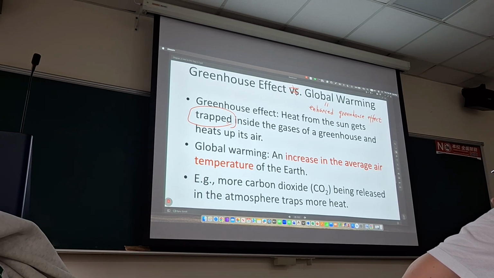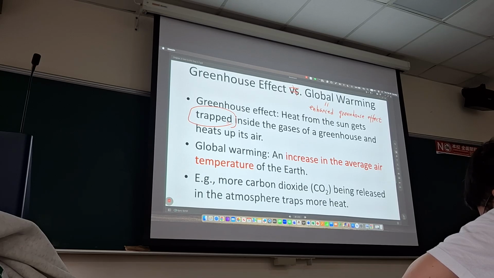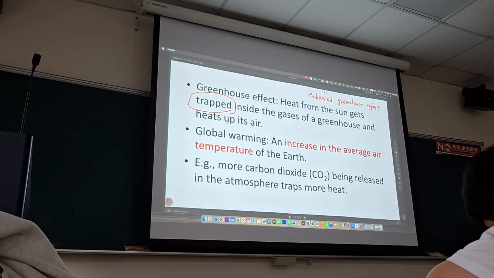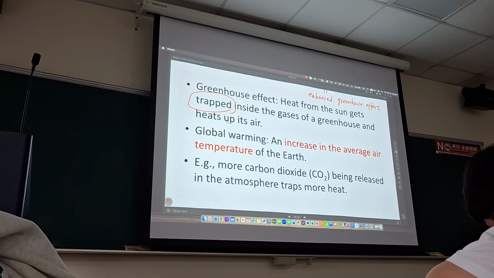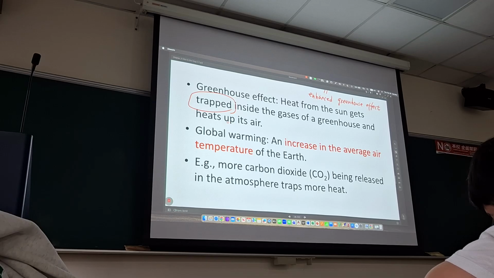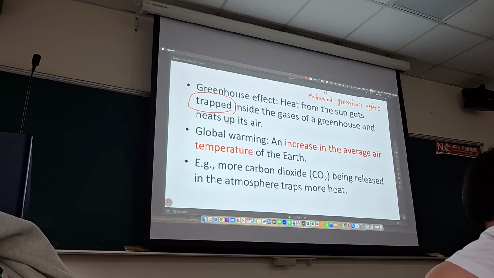And this enhanced greenhouse effect becomes something called global warming. Global warming means the increase in the average air temperature of the Earth.